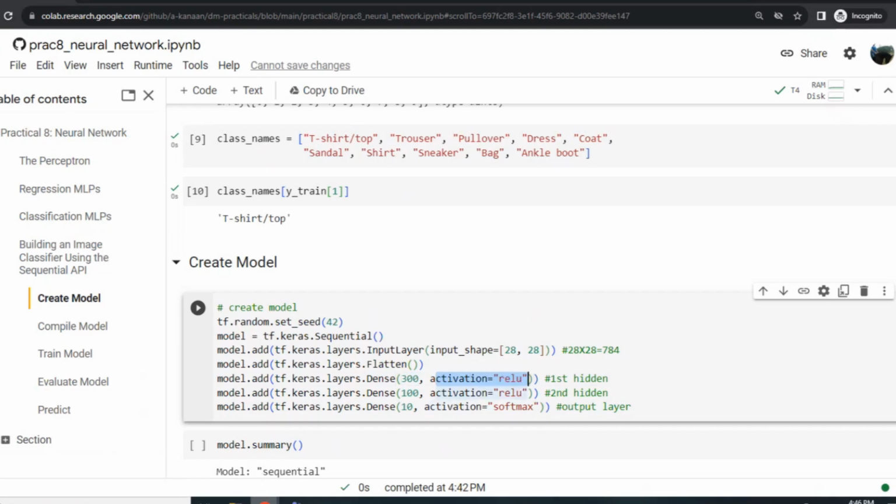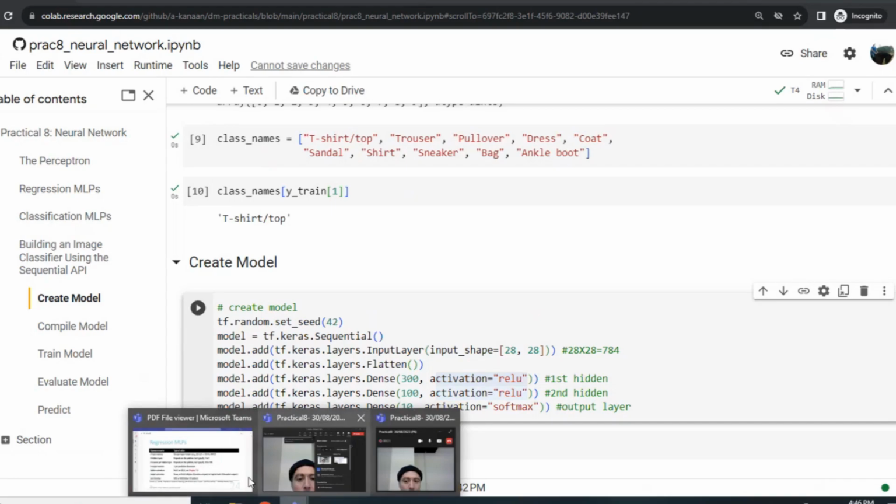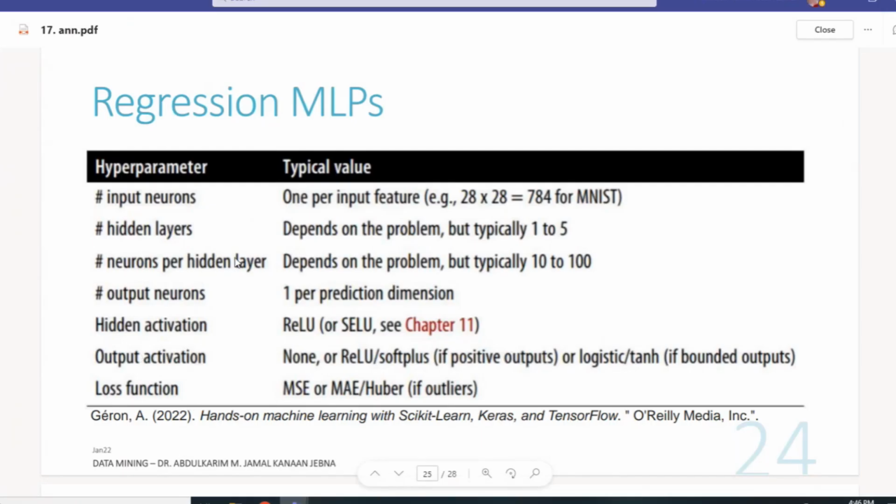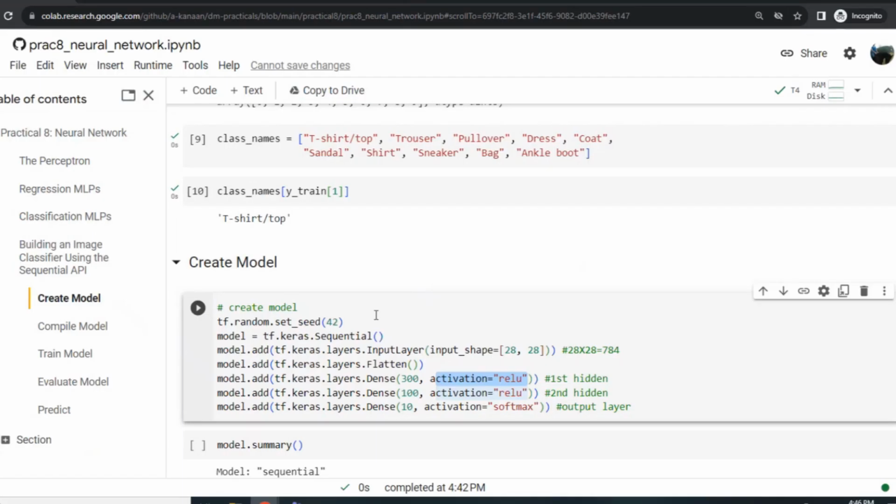Why is it ReLU? Again, you can refer back to the slides. When you work on a hidden activation function, you need to use ReLU. At least for now, this is enough for you to understand. Then followed by a second hidden layer where the number of neurons is 100, and the activation function is the same, ReLU.